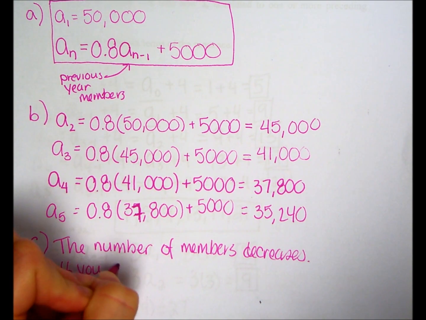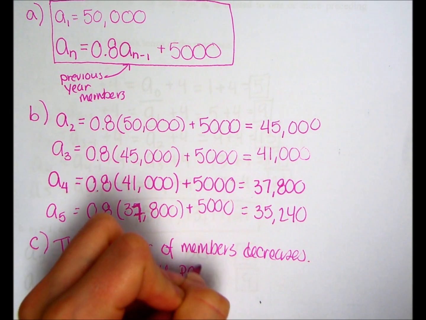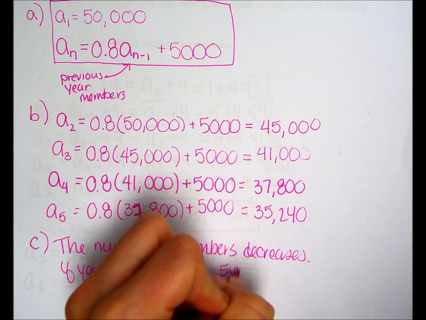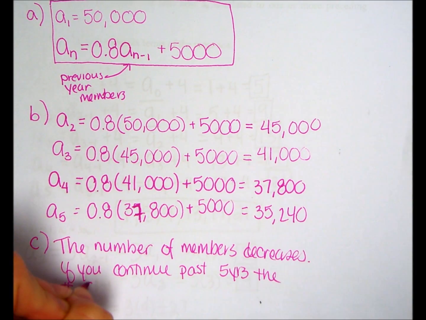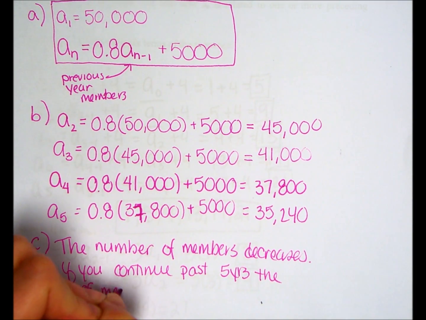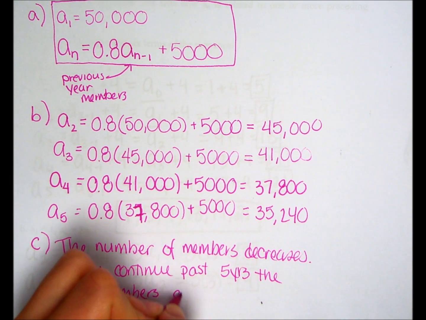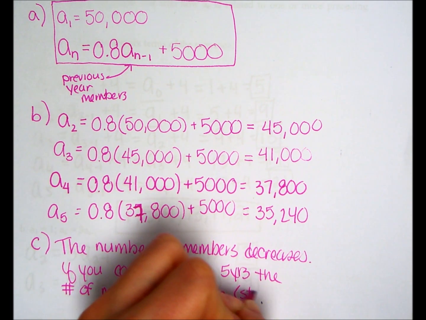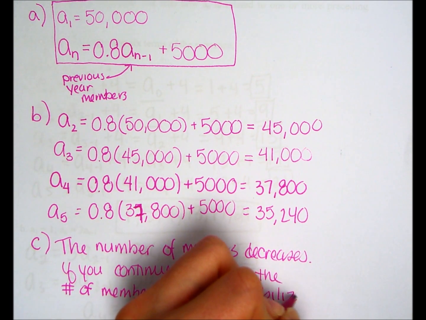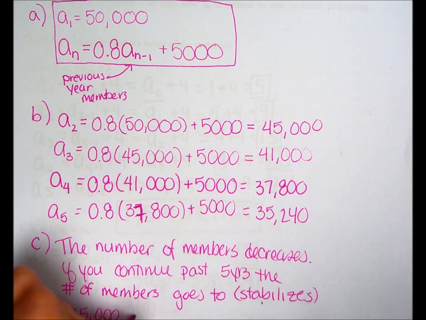If you continue past 5 years, the number of members goes to, or stabilizes, we'll use a fancy word here, 25,000 members.